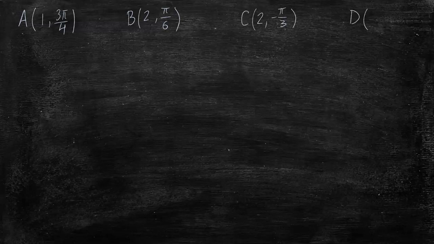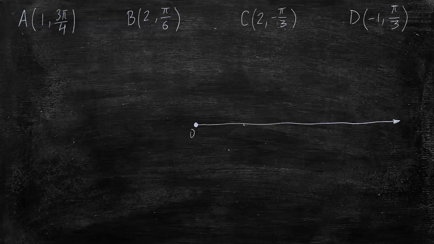Let's go ahead and plot, using the polar coordinate system, the following points. To plot, we're going to have to draw the polar axis, and we're going to label the pole.